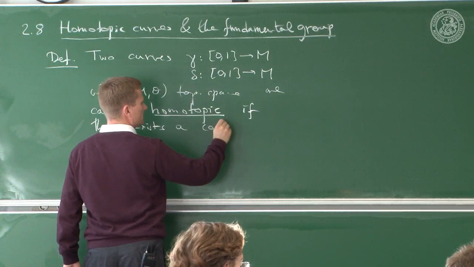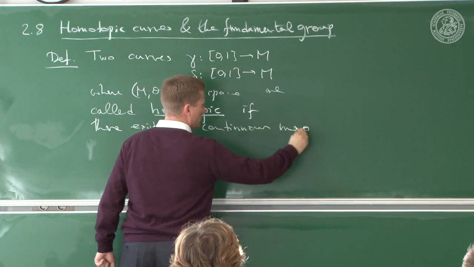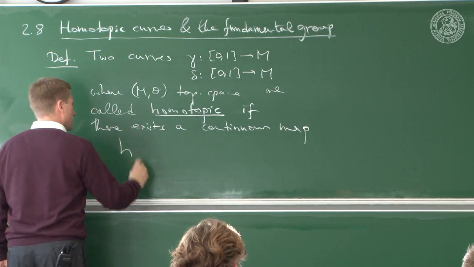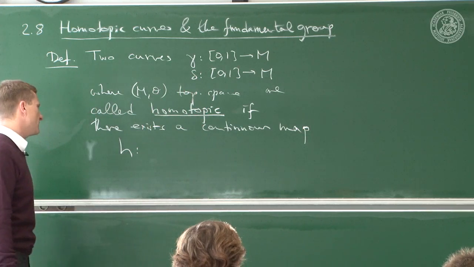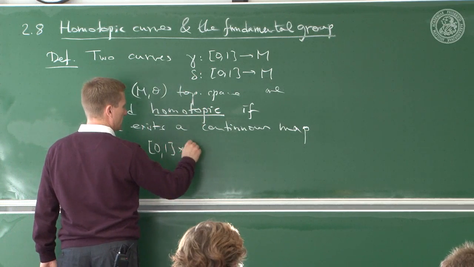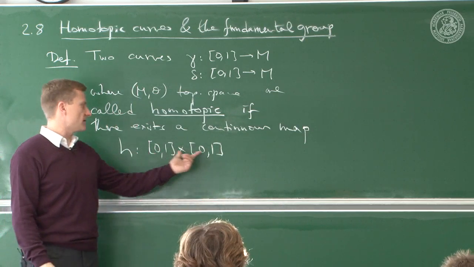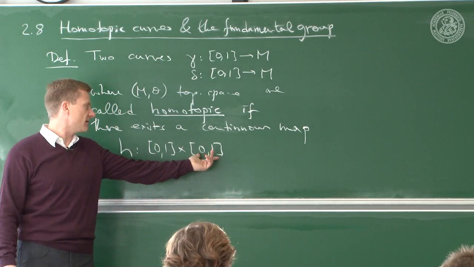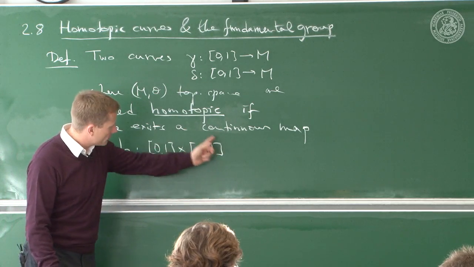if there exists a continuous map, let's call it H, like homotopy. There exists a continuous map H that takes you from [0, 1] Cartesian product [0, 1], of course both of those equipped with the induced topology from the standard topology, and then the Cartesian product being equipped with the product topology.